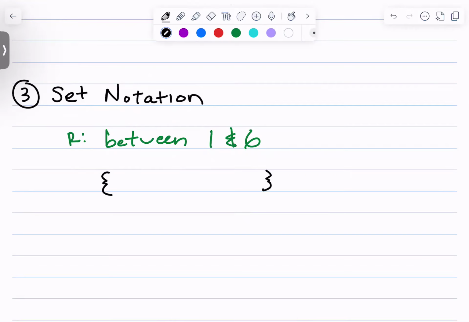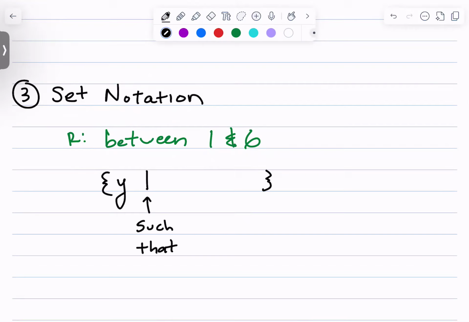Use those fancy brackets, and then we're going to say the range, so it's y. This line right here is a vertical line, just one straight vertical line. It means such that.